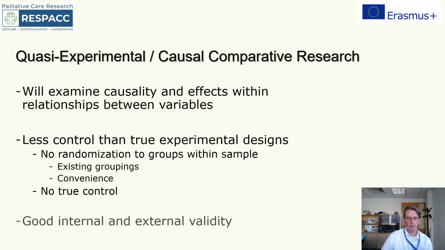However, because they often take place in natural settings, they have good internal and external validity. Internal validity means we can attribute the cause and effect to the variables we're examining, and external validity, sometimes called ecological validity, means we're likely to see these results elsewhere, or the results are generalizable.